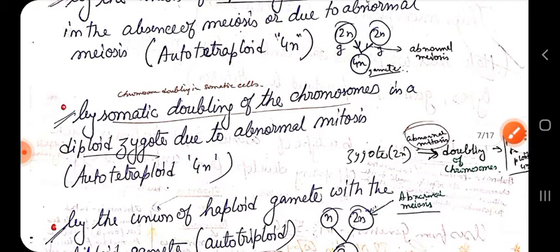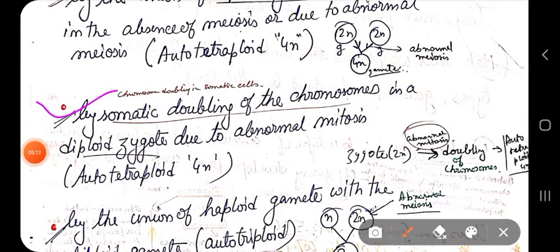Second way is somatic doubling of the chromosomes in a diploid zygote due to abnormal mitosis. Zygotes are always diploid, because the haploid gamete cells fuse to form the zygote.